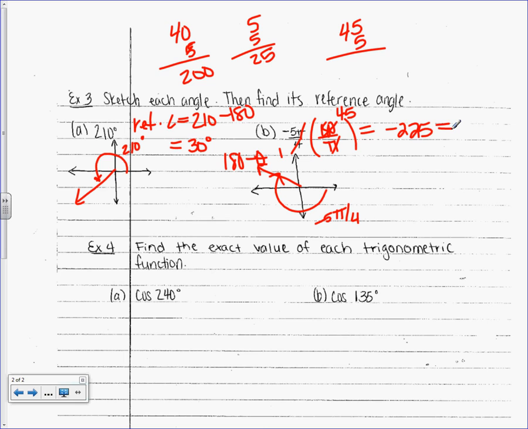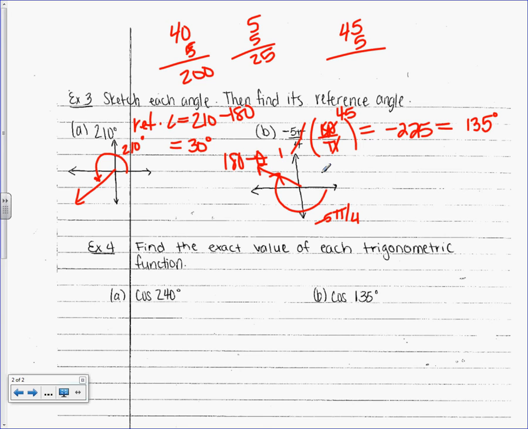So it's negative 225 plus 360 without a calculator. 135. So negative 225, or negative 5 pi over 4, is the same as positive 135. Those are coterminal angles.